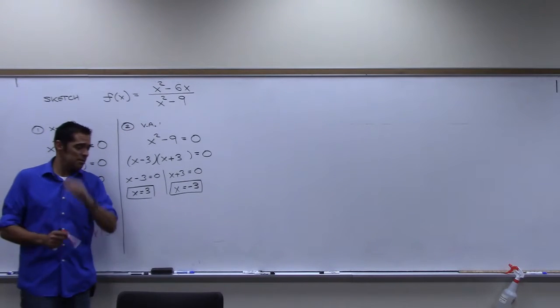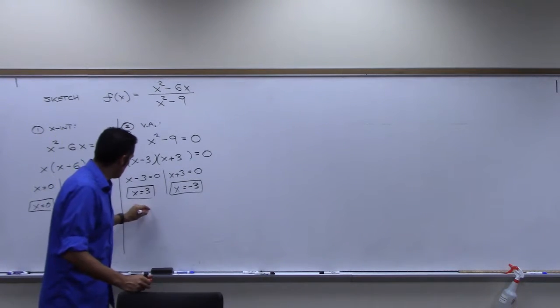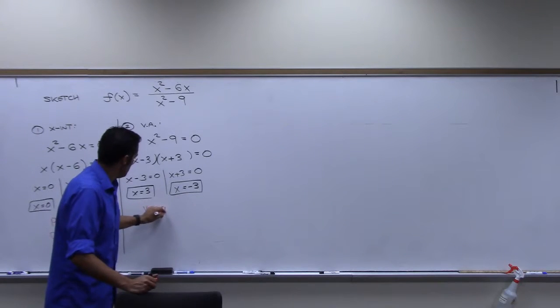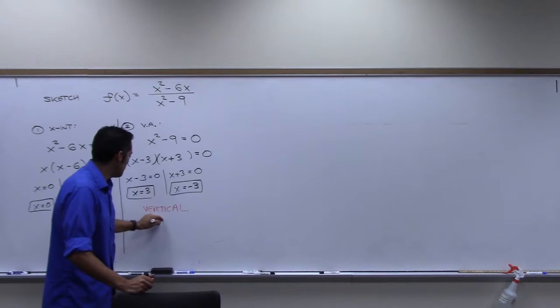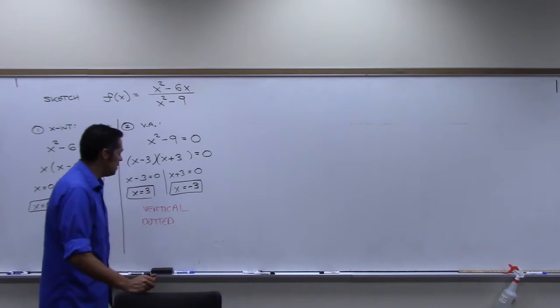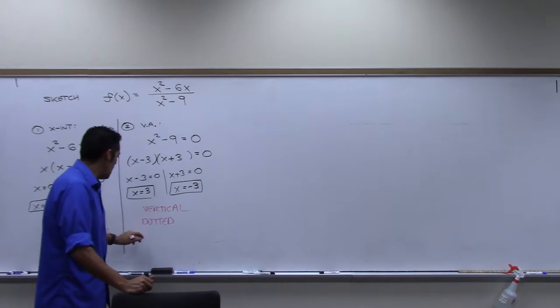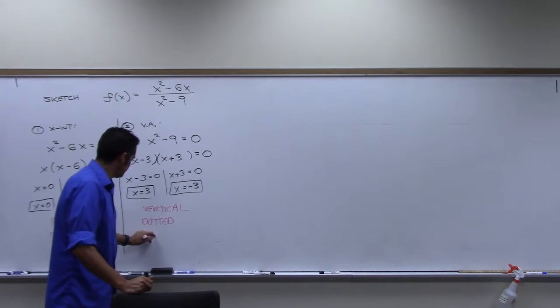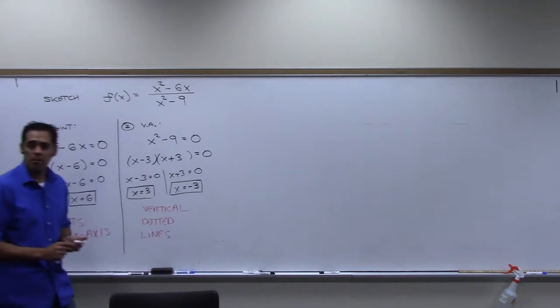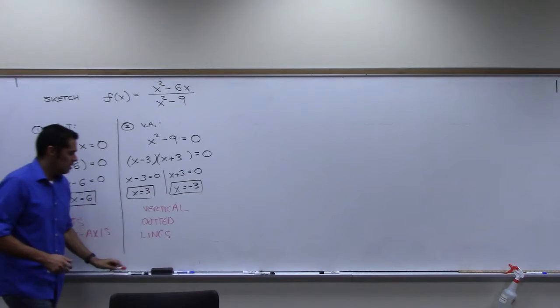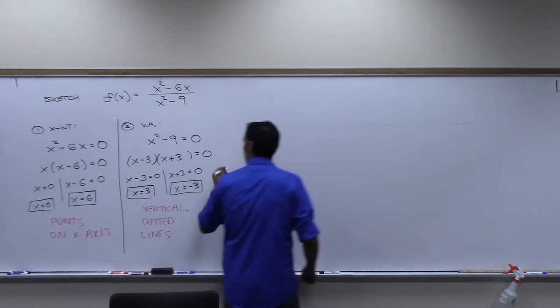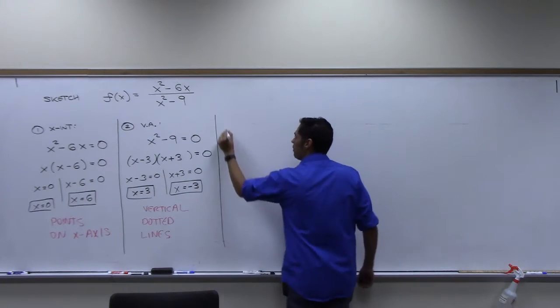So I'm going to put here, these are vertical dotted or dashed lines. That's what those are when I draw them, vertical dotted lines. These are not x-intercepts. These are x-intercepts. These are not.